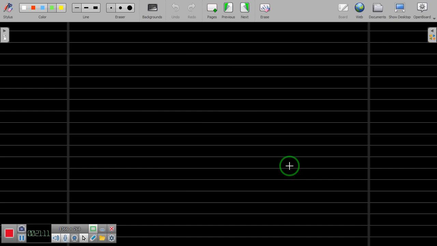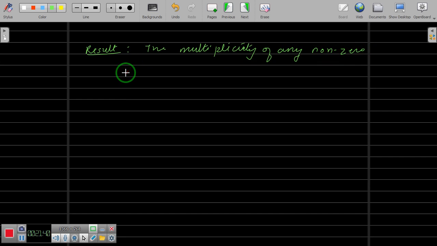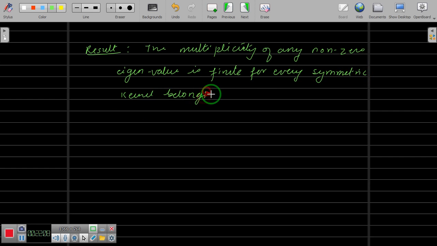Let me just state it. Result: the multiplicity of any non-zero eigenvalue is finite for every symmetric kernel belonging to the class L2.